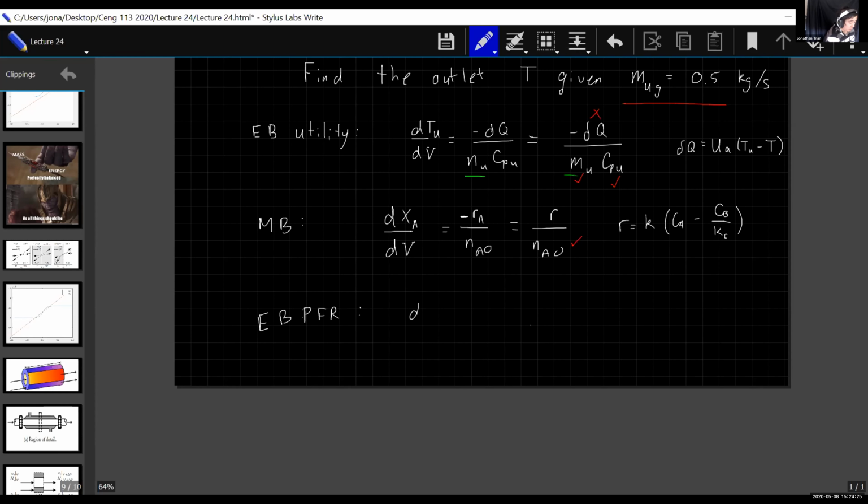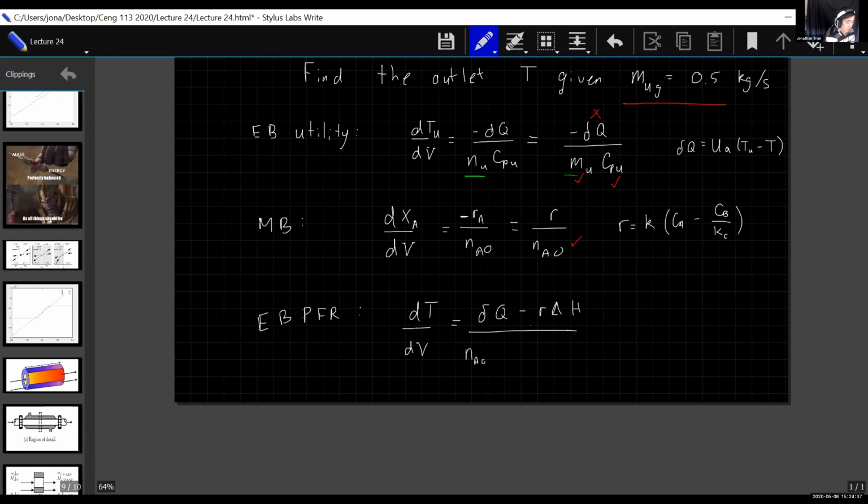The energy balance for the PFR is described by the expression dT/dV is equal to del Q minus R del H divided by NA naught times a handful of summations. So that's going to be the sum of theta I CPI minus, in terms of conversion at least, XA over nu A del CP.